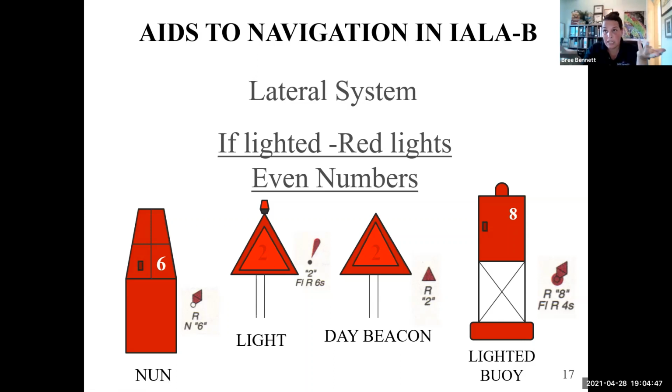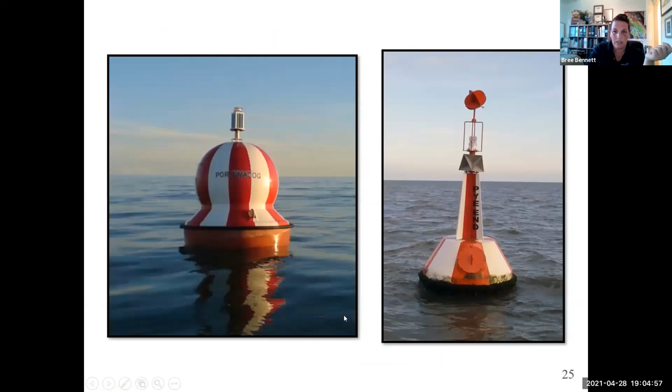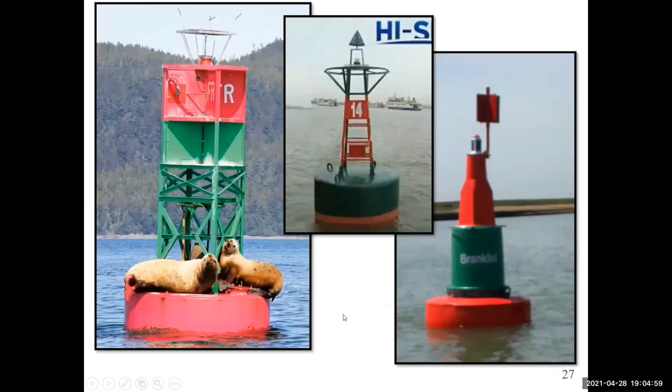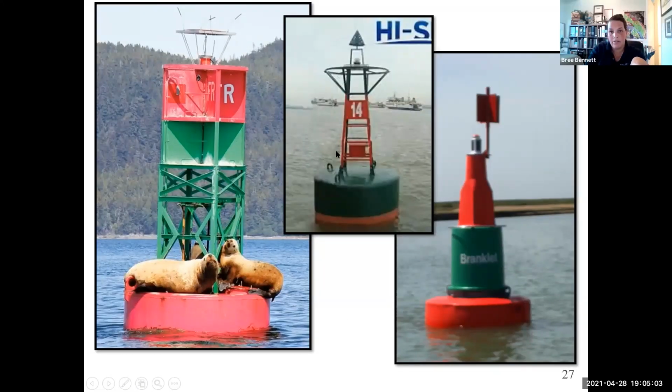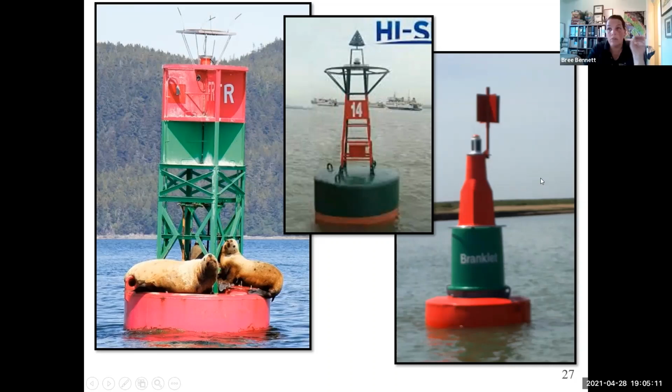If it has a top mark, let's see if I have a picture. So a non-none red buoy doesn't mean keep it to the red right return? It has to be none to be red right return? No, if it's red, it means keep it to the right.